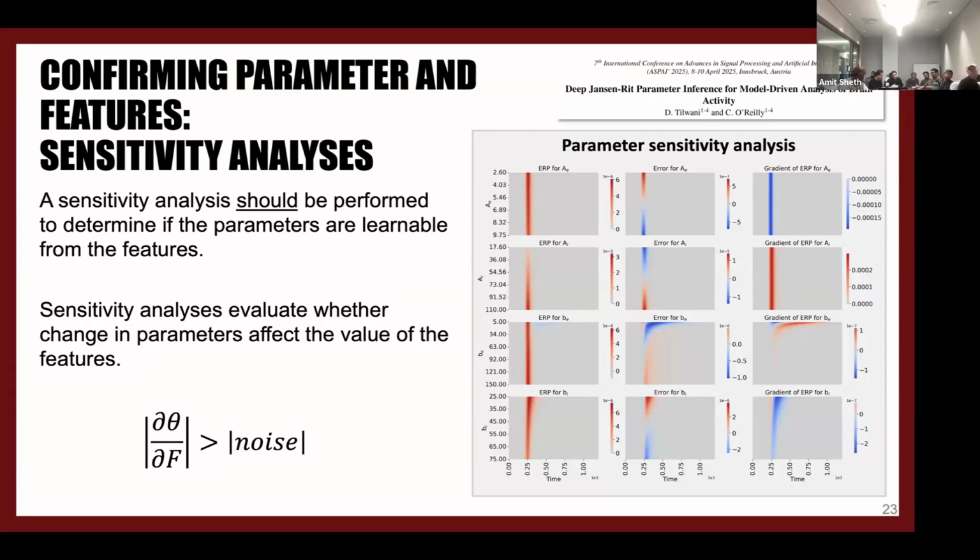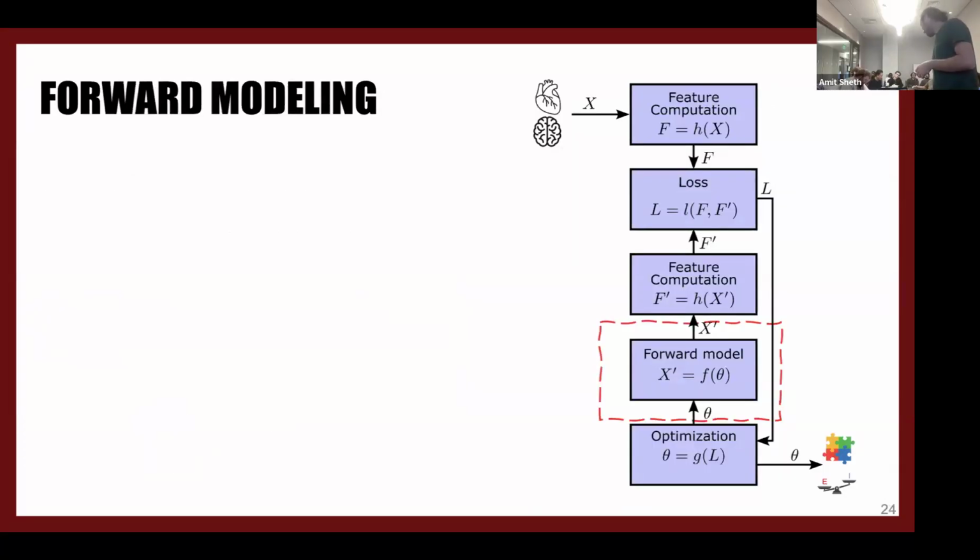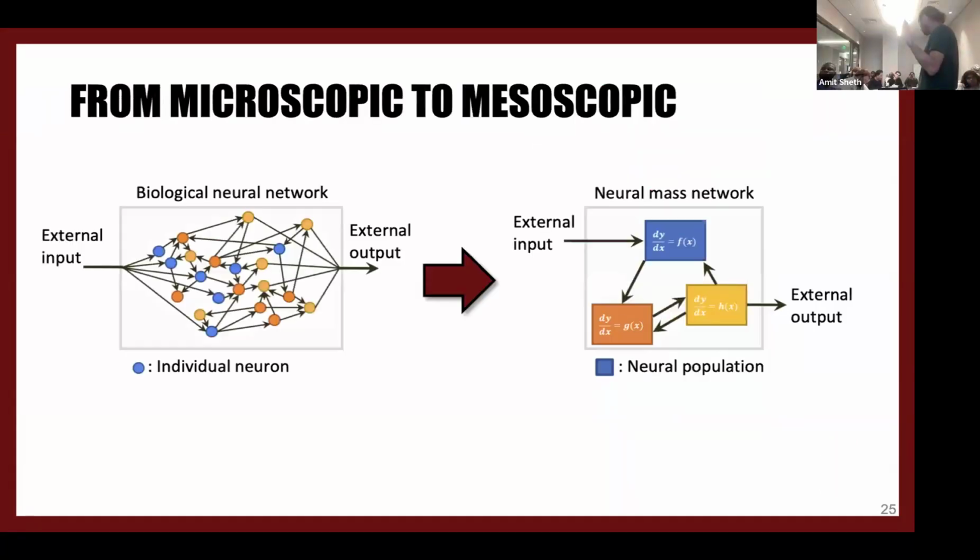So you can do a sensitivity analysis where you look, just in simulation, at how modifying the value of my parameter affects my simulated output. And if there's not much effect, forget it, it's unlearnable. So before trying to learn something, check that it's learnable, else you're losing your time. That would be done with the sensitivity analysis.